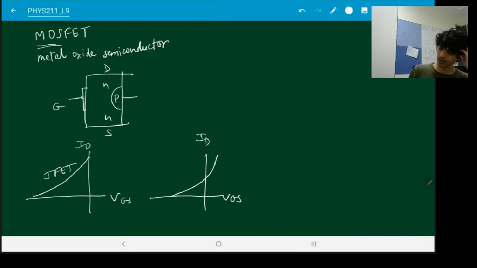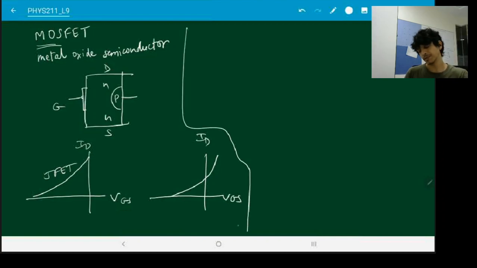And once again, you can have all kinds of applications over here. For example, if you want to do some fast switching circuits, MOSFETs can be useful. So these kinds of circuits are denoted like this. So this is your MOSFET.